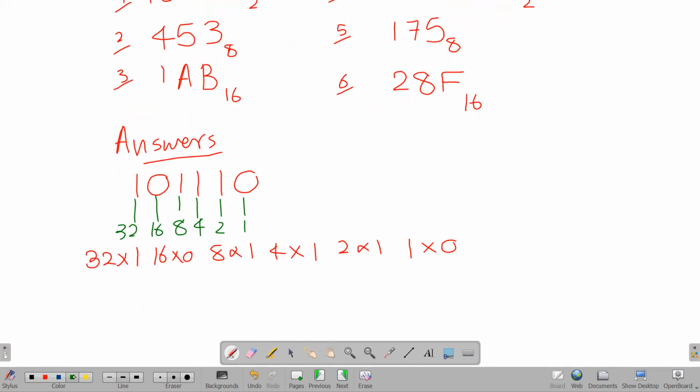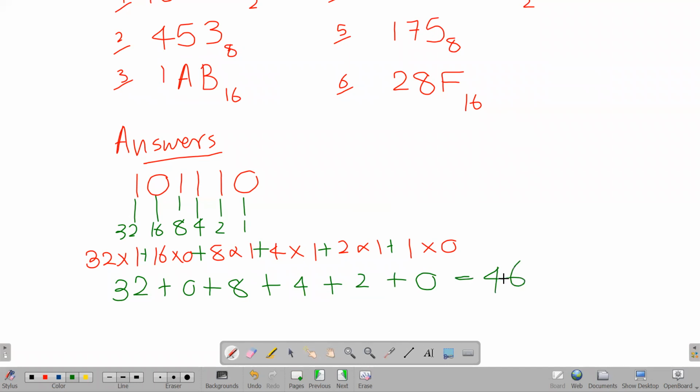We are going to add these things up later. So it's going to be 32 plus 0 plus 8 plus 4 plus 2 plus 0. So the answer is going to be 46. That's the answer for the first one.